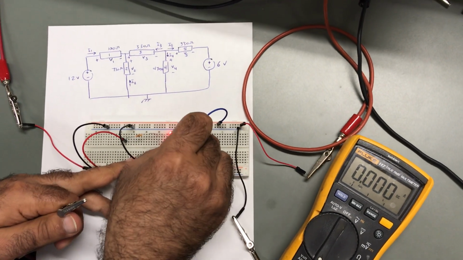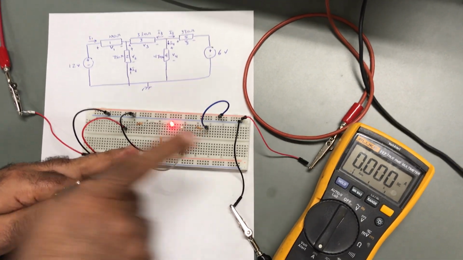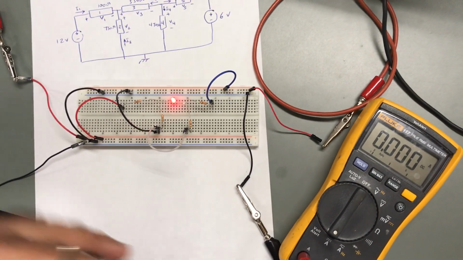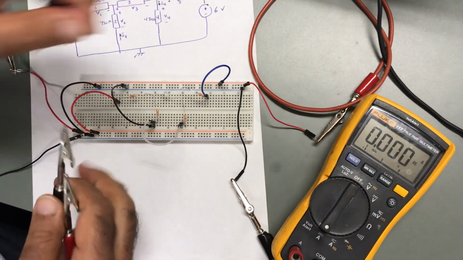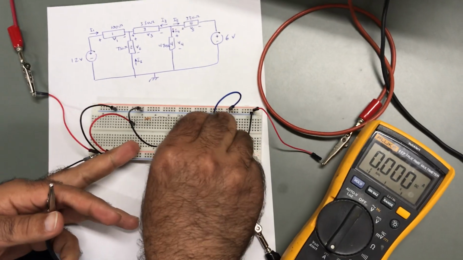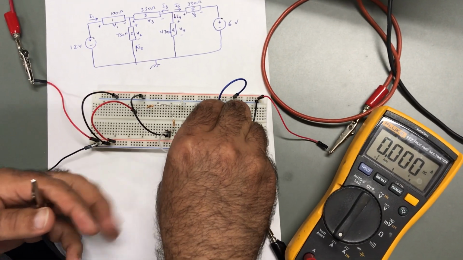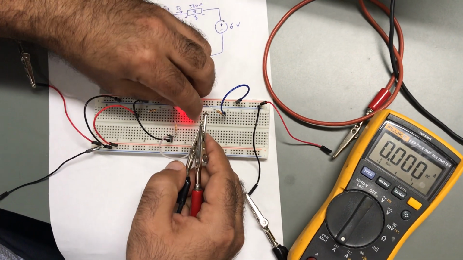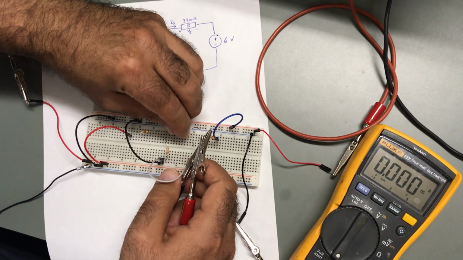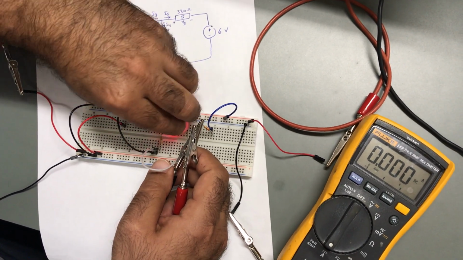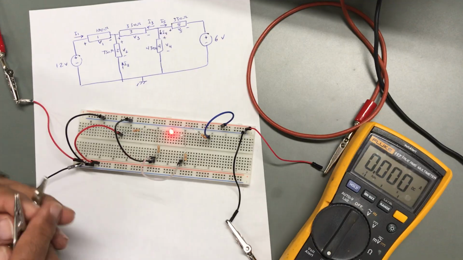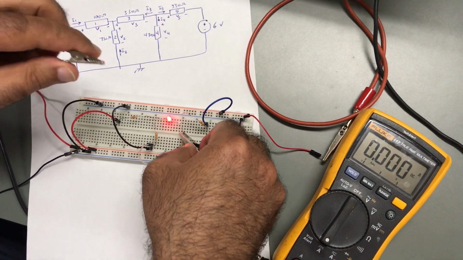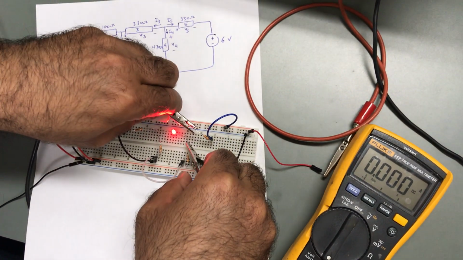Then I would like to measure the current here going this direction. So I will disconnect this guy, and I will connect the positive across this guy and the negative across this guy.